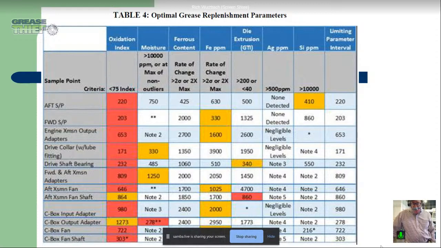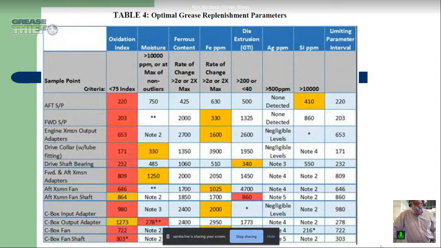And in doing so, we went to the limiting condition in terms of projected flight hours to requiring replenishment. You can see by the red blocks that the primary driver for almost all of these was oxidation index. Therefore, the ruler became a critical tool for us in deciding what should be that grease changing interval. There were two that had other parameters.